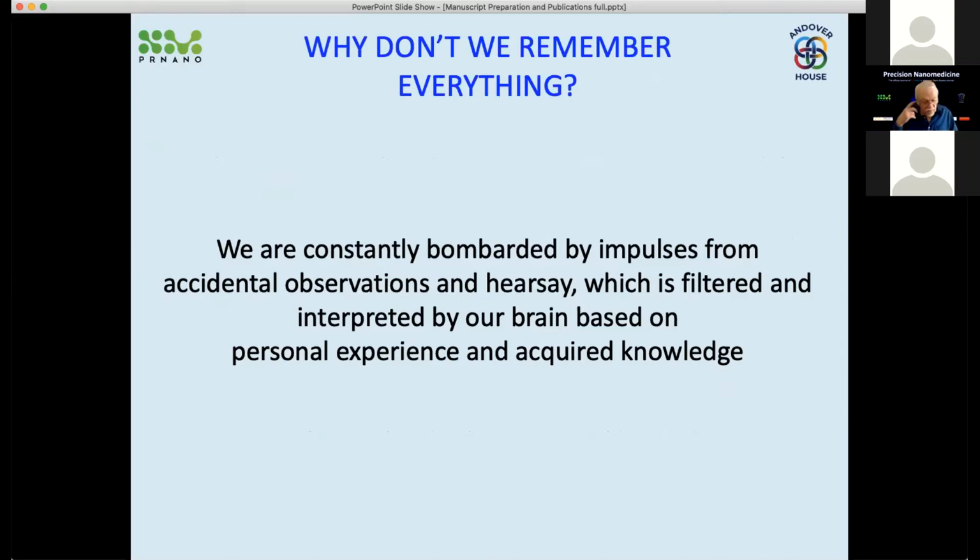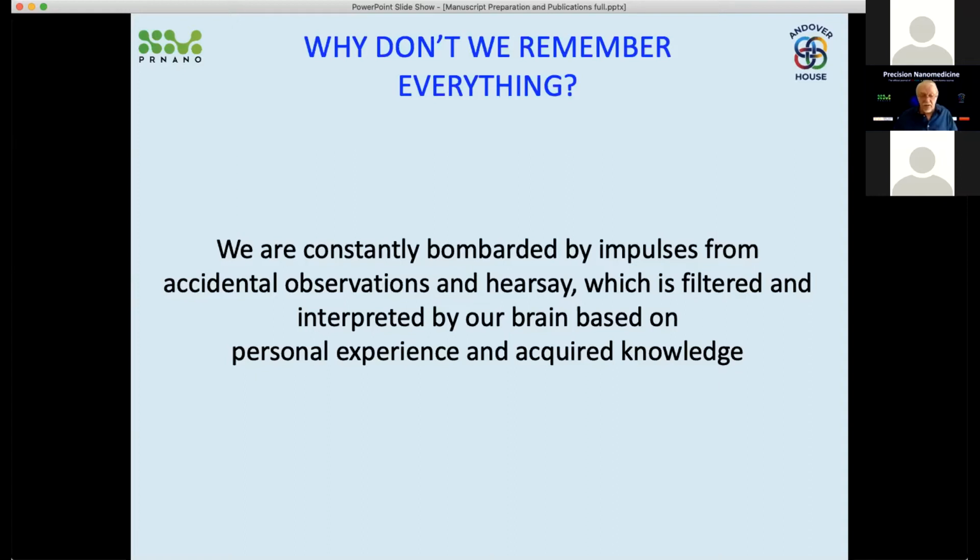You are taking the bus, the tram, the metro, you hear people talking, but you don't remember most of it, because it is filtered and interpreted by our brain based on personal experience and our acquired knowledge.